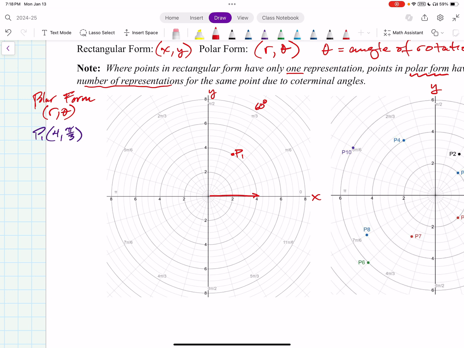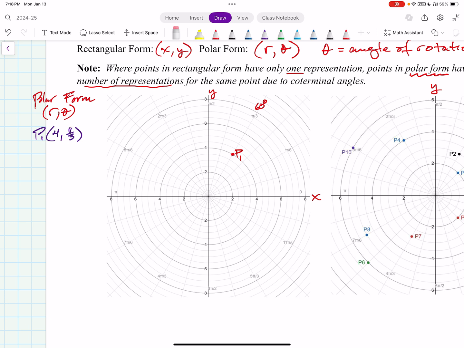So you go out 4 units to the right and then rotate. Now, this is a video and I'm just using my digital technology to my benefit, or to your benefit here. So keep your notes clean as we go through. Just go out to the fourth circle and then rotate pi thirds radians or 60 degrees.